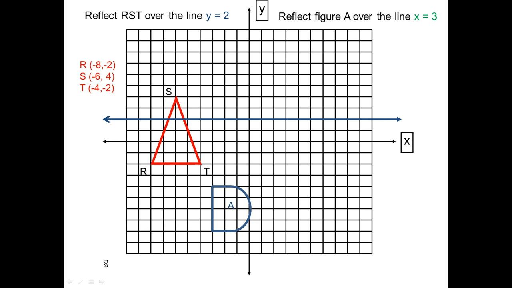So if I'm going to reflect RST over the line y = 2, I've got the line drawn in. I then have to count from the line of reflection. So remember, if you're counting S, it's down 2 from the line of reflection. So S prime is 2 from the line of reflection. T is 4 from the line of reflection.